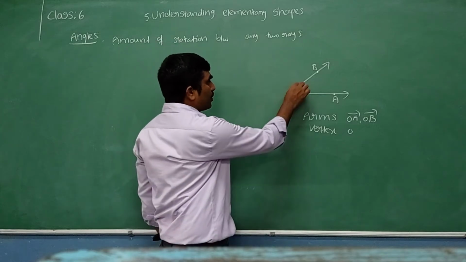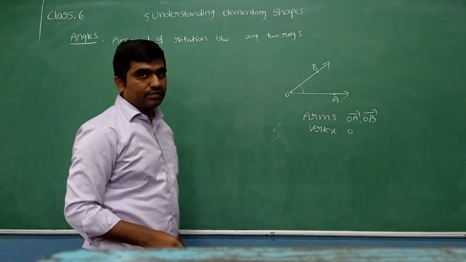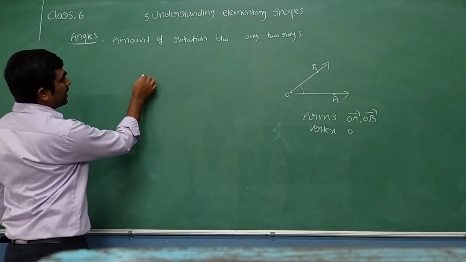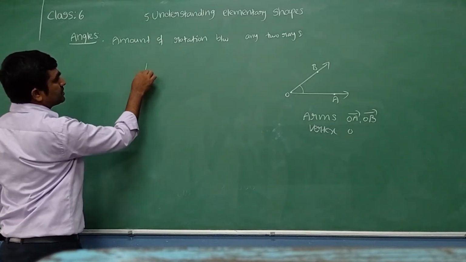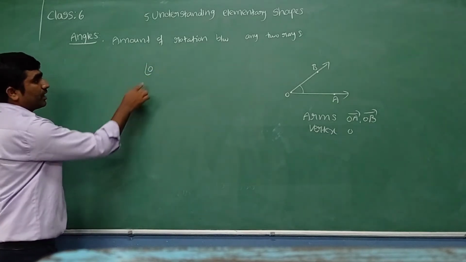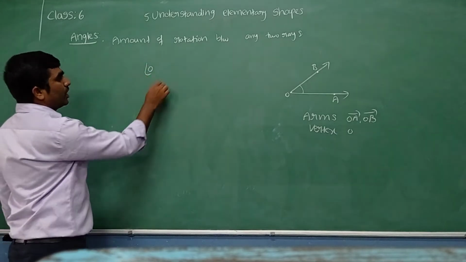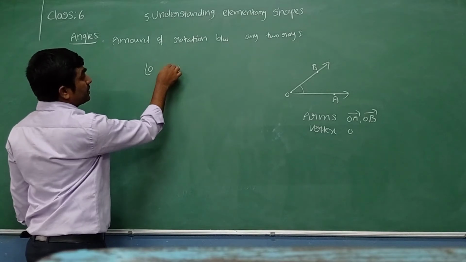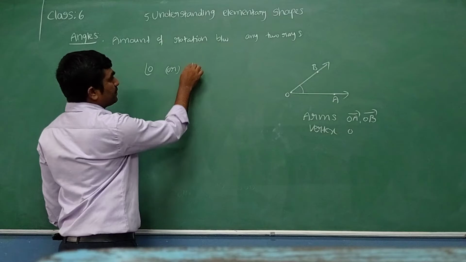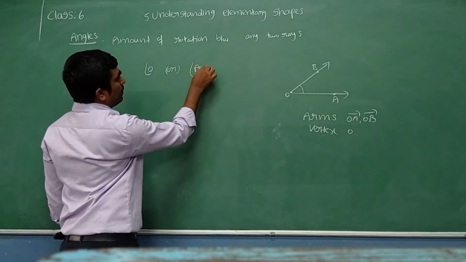Now this amount of rotation is called angle. How can we represent this angle? We can represent it with the angle symbol. We can write simply angle O with a single alphabet, or we can express it with the help of three alphabets. How? Angle AOB we can write.